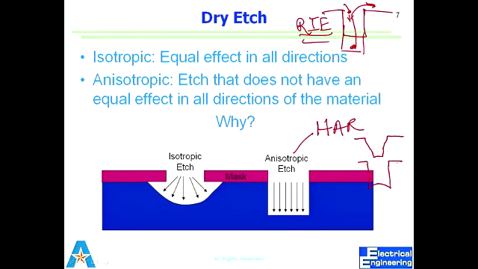So most of these are not what we want. We want something which is very, very small horizontally, very deep vertically. That's what is called aspect ratio. So there is a limitation with RIE on how deep it can go. Of course, we have found some solutions. There are some techniques we use to make very, very deep trenches or high aspect ratio features.